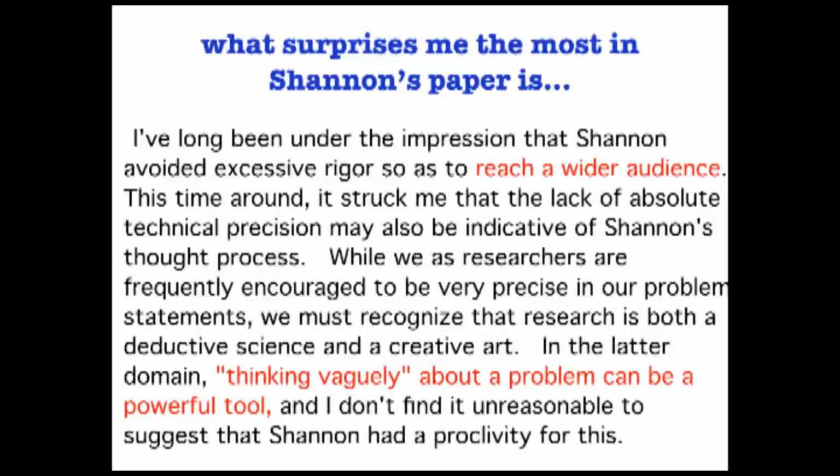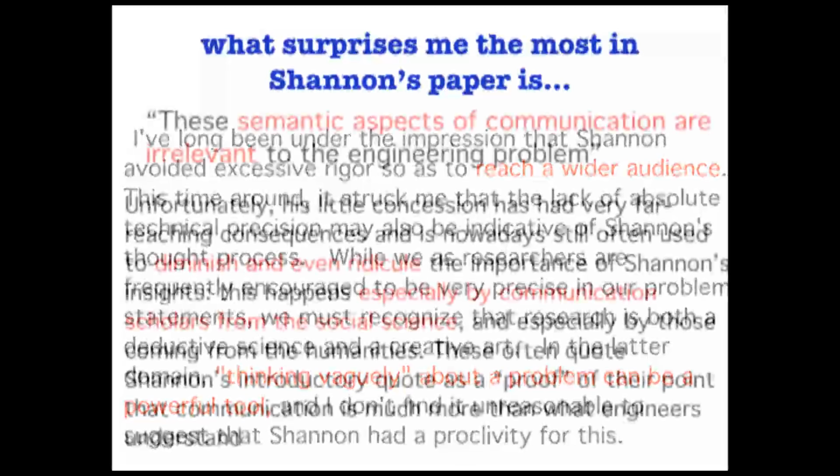And then this student actually made a good point, that thinking vaguely about a problem can be a very powerful tool. In fact, it's harder to think vaguely than to actually think with all the epsilons and deltas. And this is really a primary example of that.